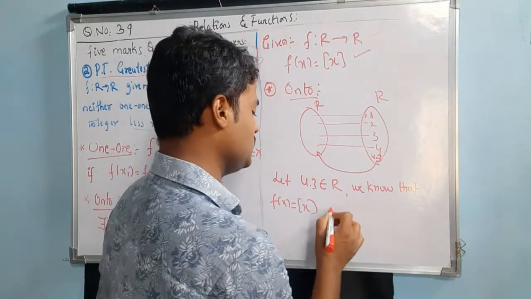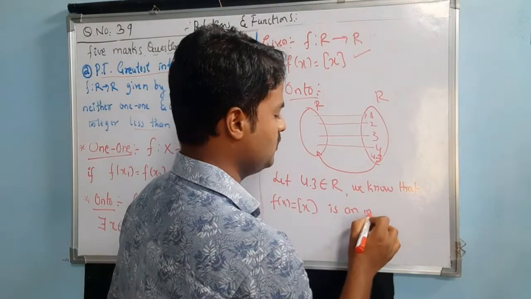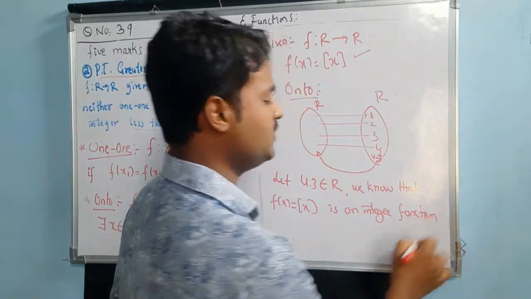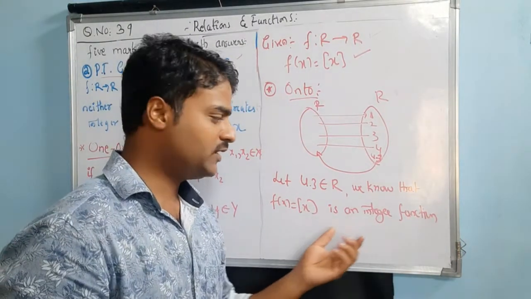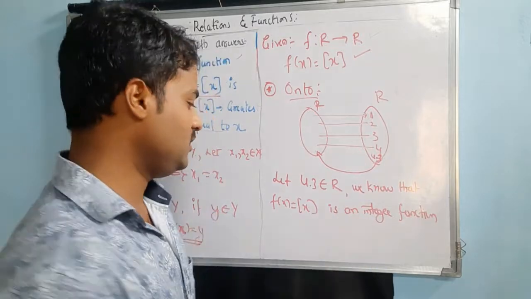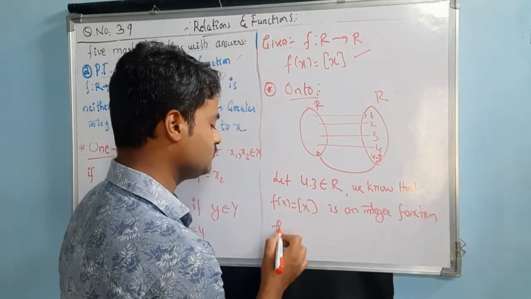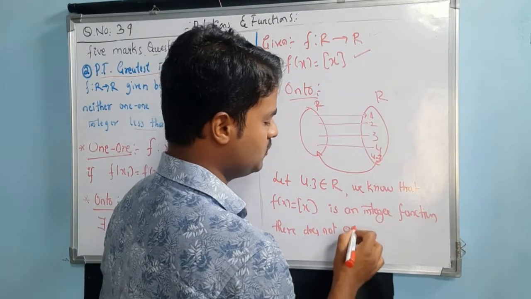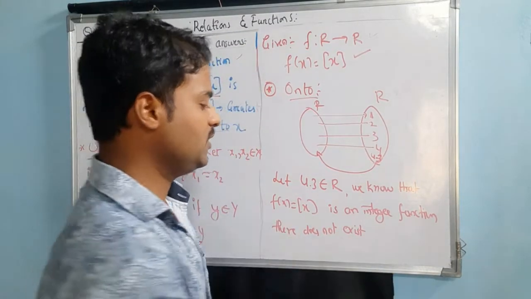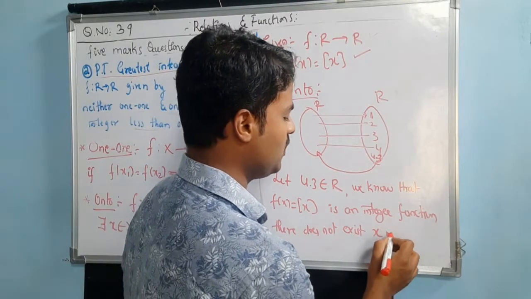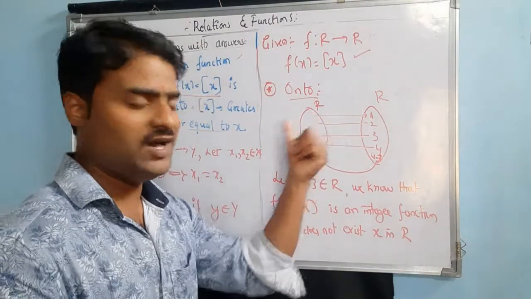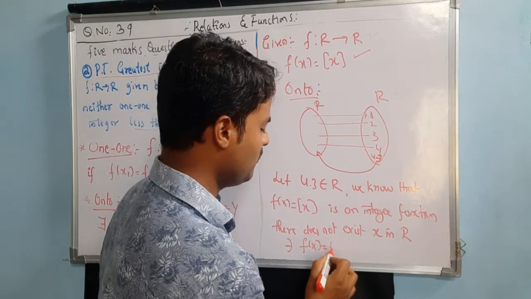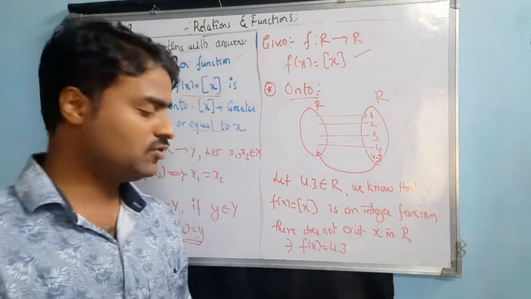It is an integer function. Right? So here the values that come are integers, which is why we call it the integer function. So that there doesn't exist x, there doesn't exist x in R, in the domain R, such that f of x equals 4.3.